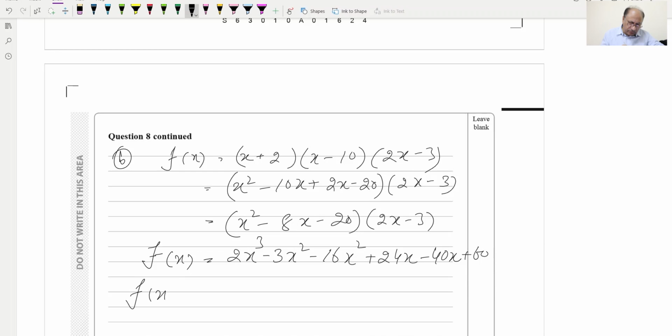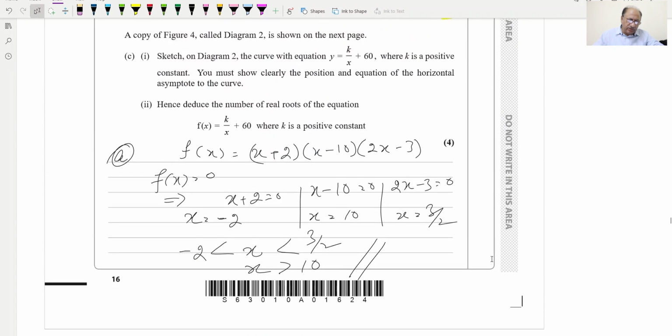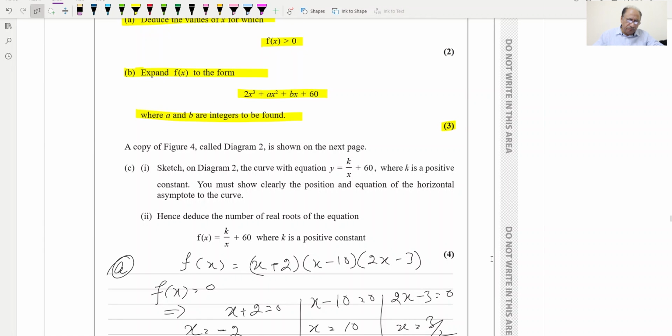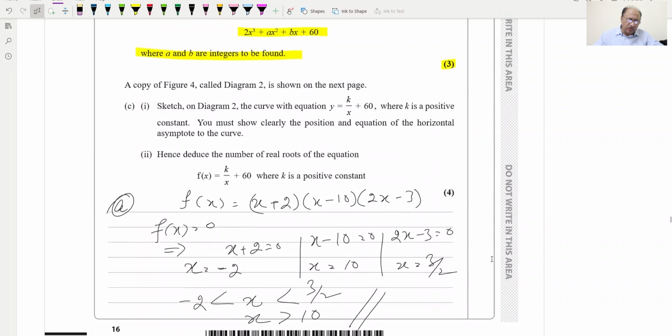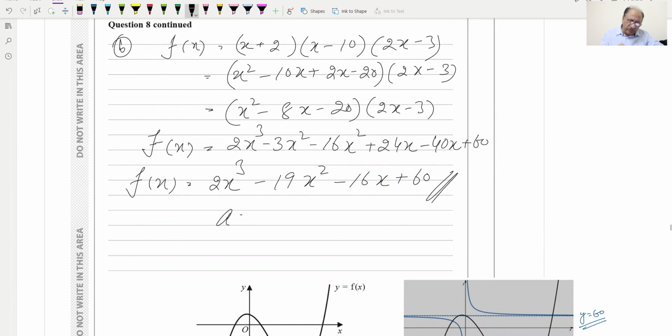Now again adding the like terms, minus 3x squared and minus 16x squared will combine to minus 19x squared, and plus 24 minus 40 will be minus 16, so minus 16x and plus 60, and this is the equation which we were supposed to find. A is the coefficient of x squared and B is the coefficient of x. So A is equal to minus 19 and B is equal to minus 16. These will be the values which are required.